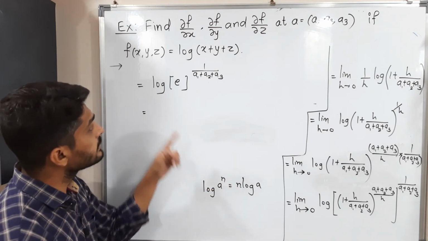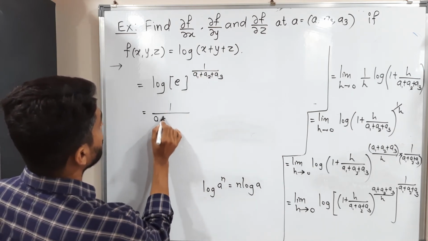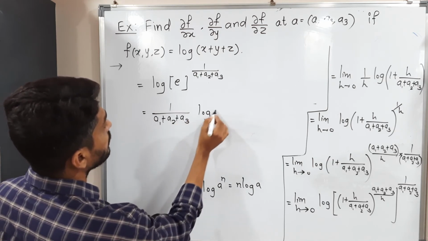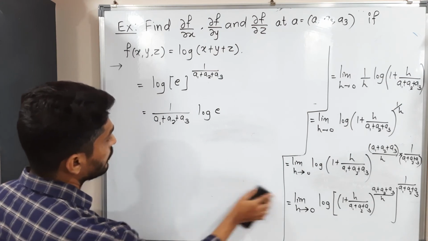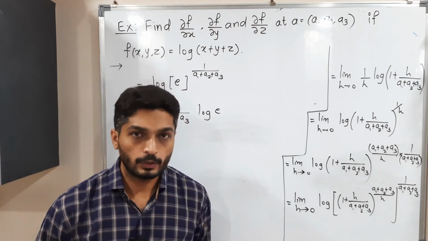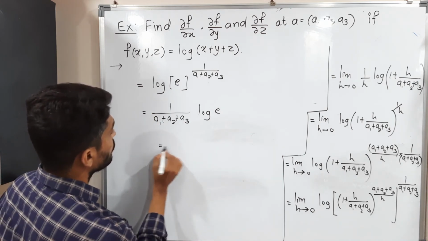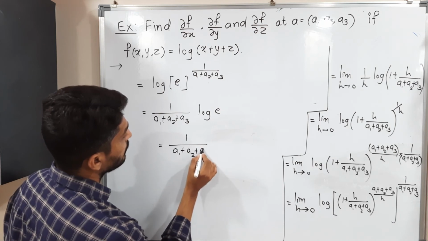If I apply this result here, we have 1 upon (a1 + a2 + a3) times log e. Let me remove this property since we have used it now. What is the value of log e? Do you know? Its value is 1. So that's why this is equal to 1 upon (a1 + a2 + a3).